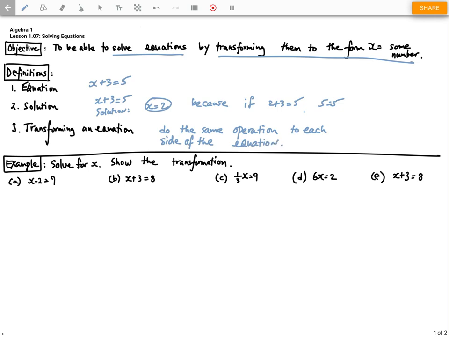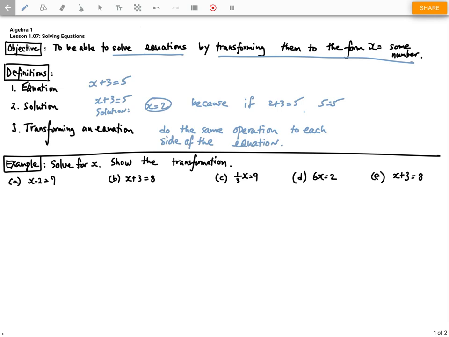We got a preview in lesson number 6, the previous lesson on transforming equations. Let's get some more practice. We have 5 examples that we can go over to practice transforming equations.